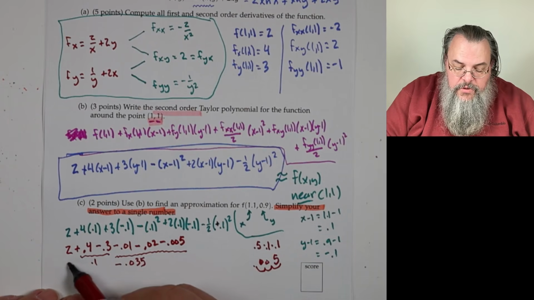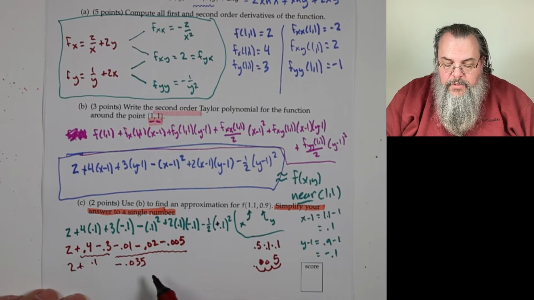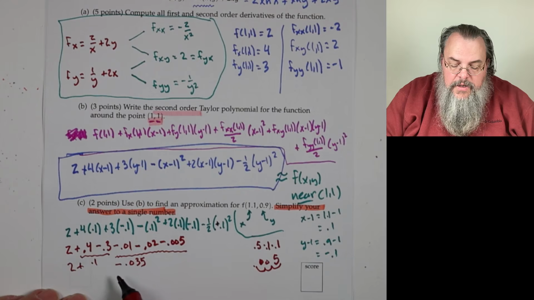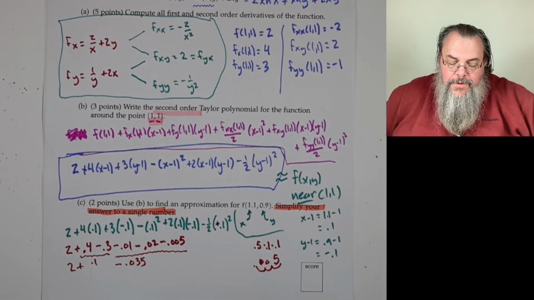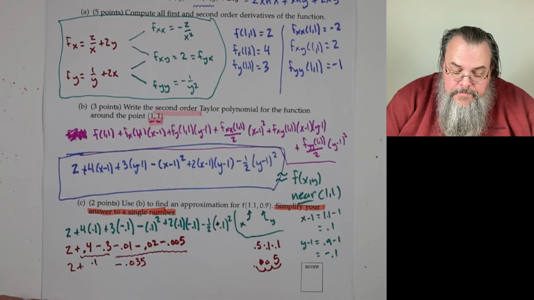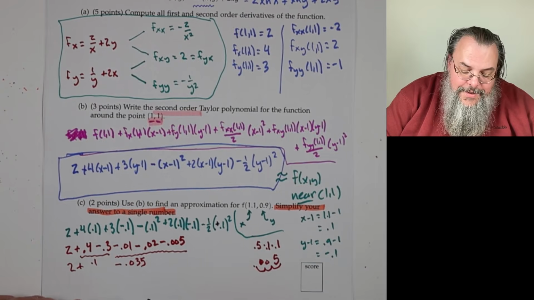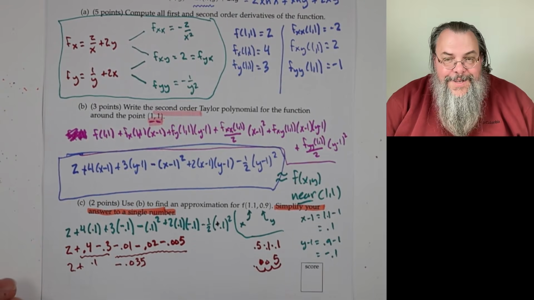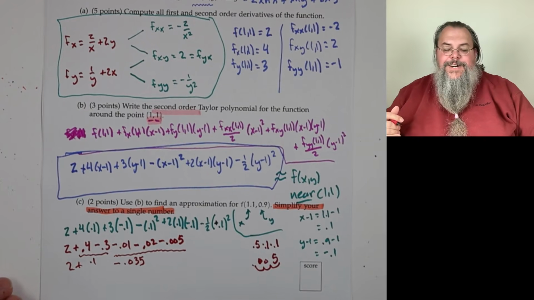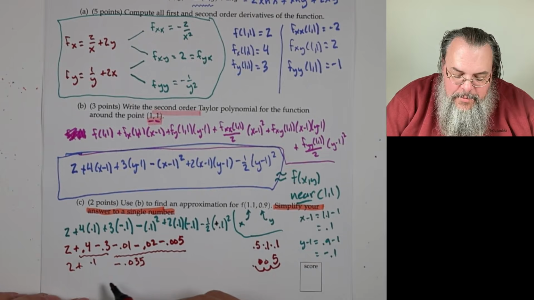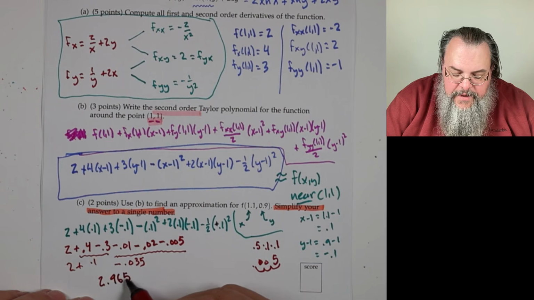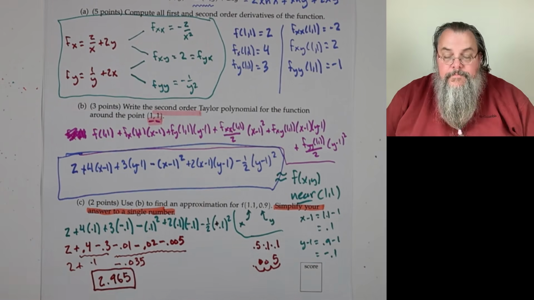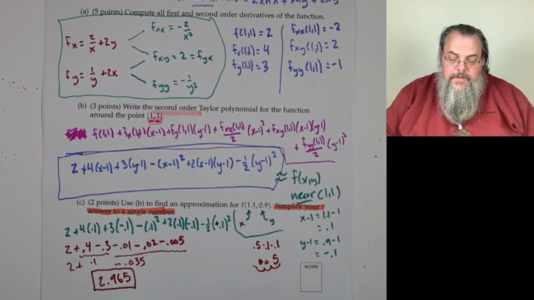All right, so we have 2 plus 0.1 subtract 0.035. Well, if you take 0.1 subtract 0.035, what will you get? You'll get a number, right? Which number? All right, it's going to be 2.965. Now you can check.